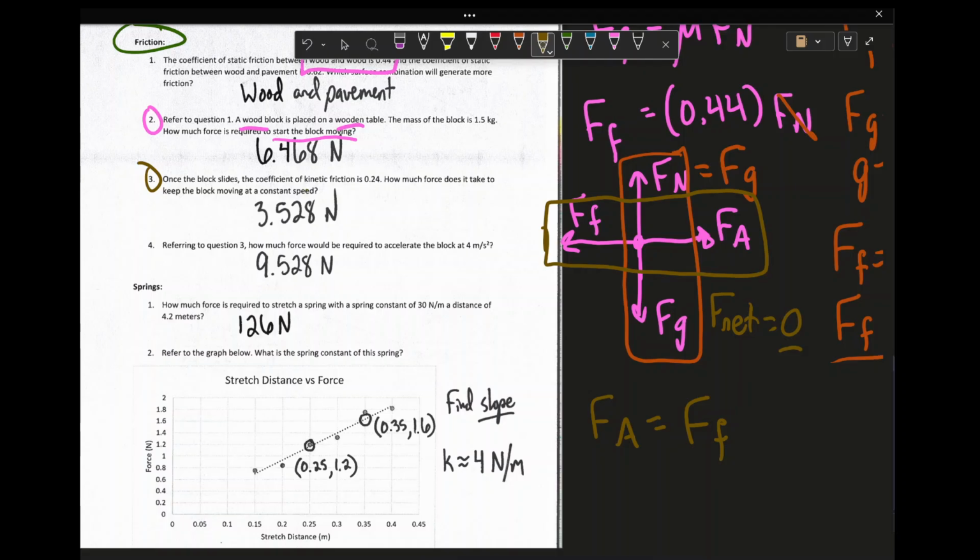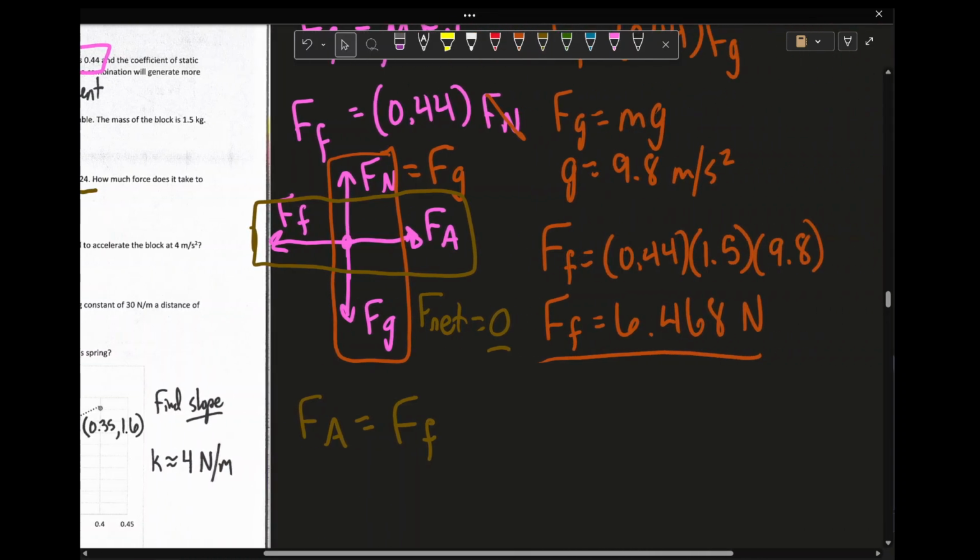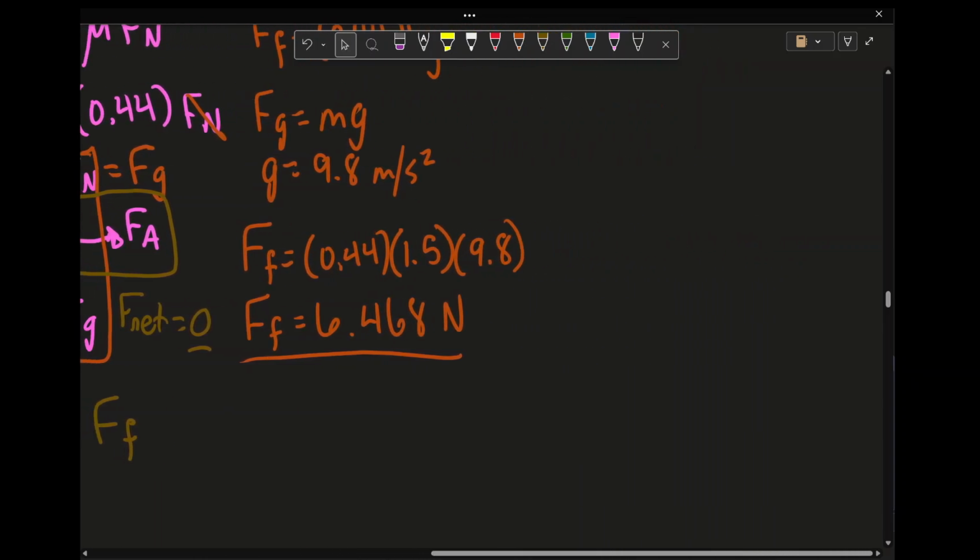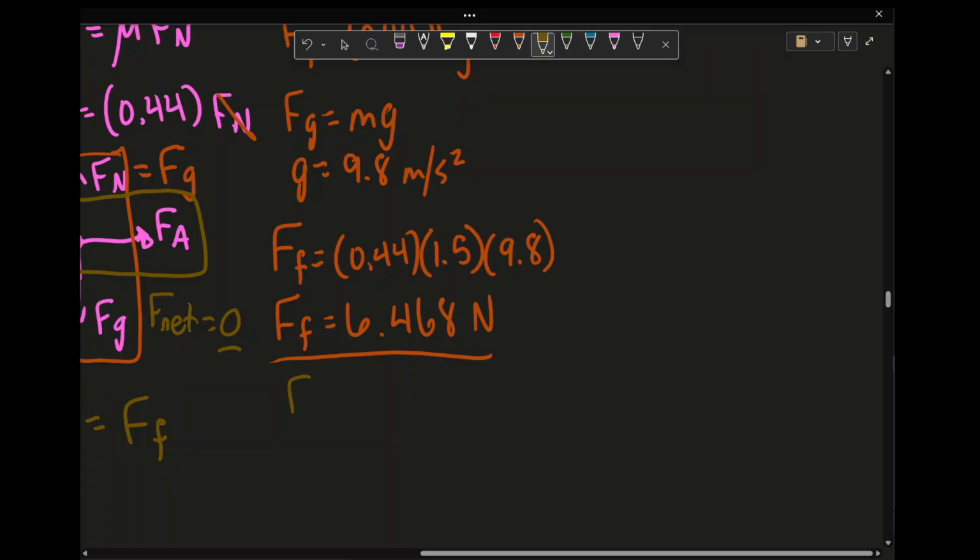The catch here is that now that we're moving, we need to apply kinetic friction. Kinetic friction is typically lower than static friction, so it is easier to keep something sliding than it is to start it sliding. But this calculation doesn't change much.